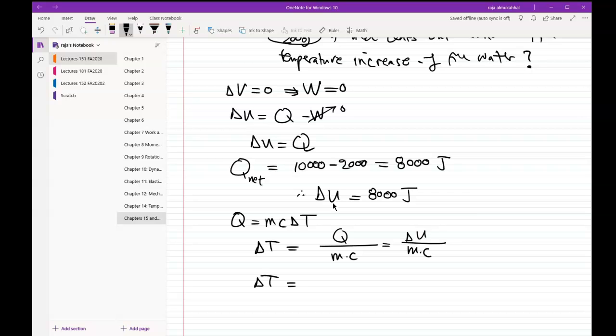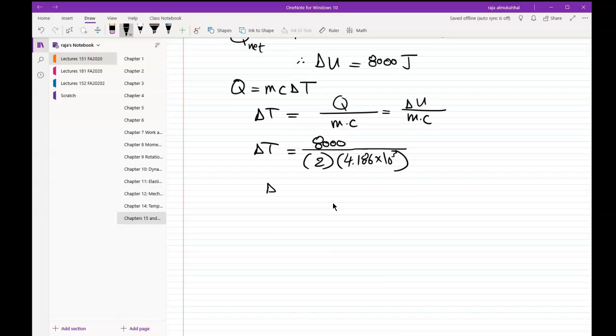So delta T is equal to delta U, which is 8,000, divided by the mass of the water. He gives it to us, 2 kilograms. And then you have the specific heat of water. Look it up. It is 4.186 times 10 to the third. And then we calculate all that. So delta T is equal to, if I calculate all of this, 0.96 Celsius or Kelvin. Remember, the delta is the same for both. And there we go. Okay.